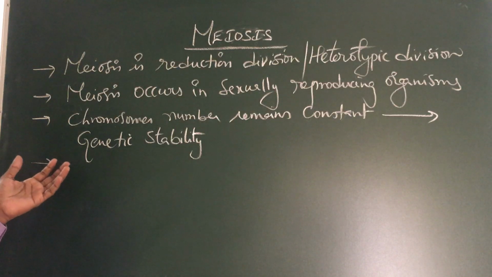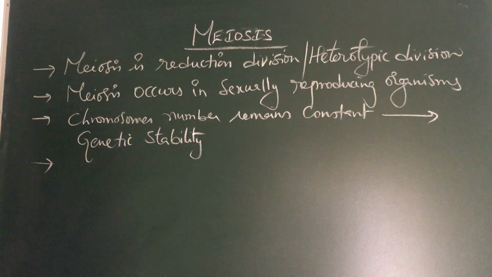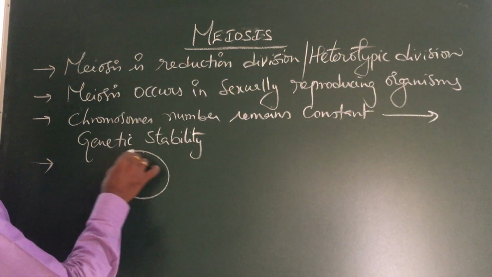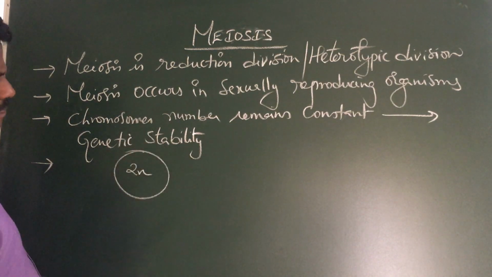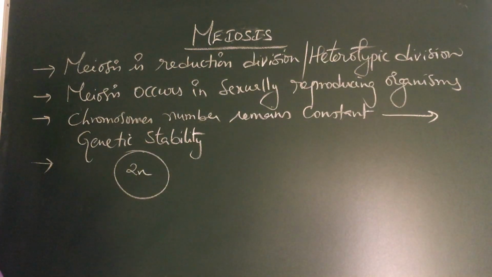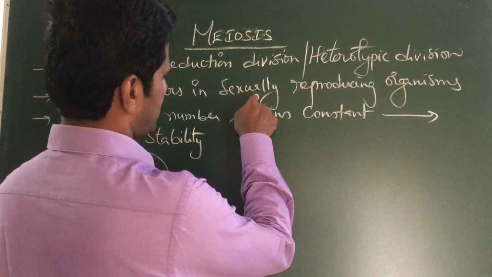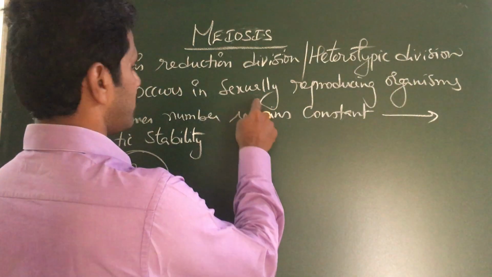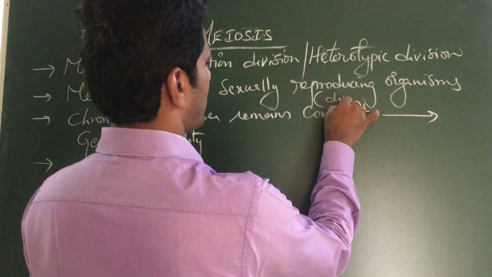Simply suppose you see 2N, diploid. Where is it taking place? Always in diploid cells. Meiosis occurs in sexually reproducing organisms, that is in diploid cells. You can note it down.